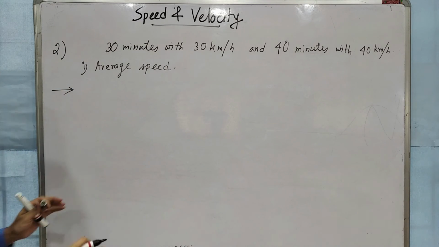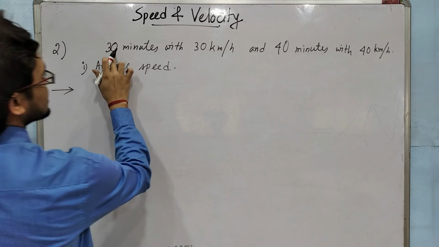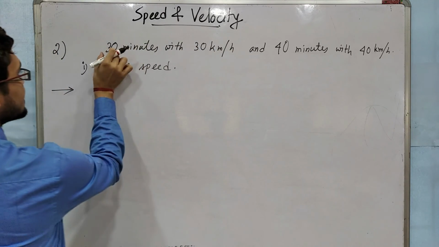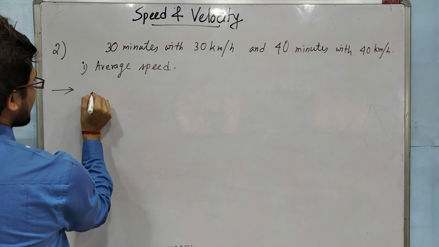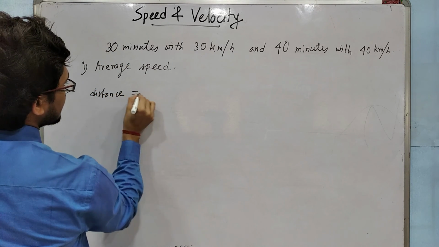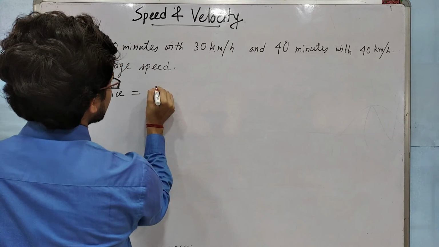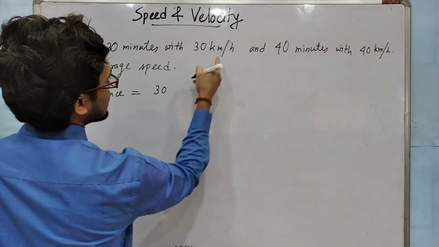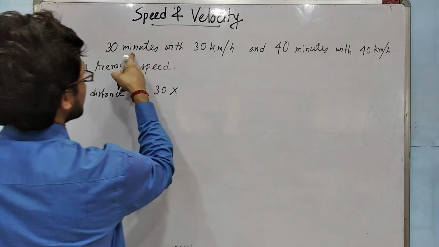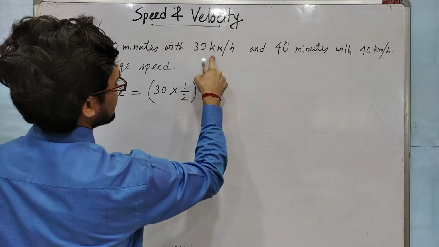So average speed means total distance by total time. So first we have to find total distance. Total distance means this is the uniform speed and this is time, so distance will be this into 30 minutes. So this means 30 into 30 minutes, which is what in hours? 30 minutes means half hour, because the speed is in kilometer per hour, no?